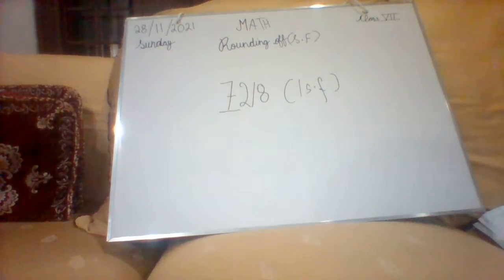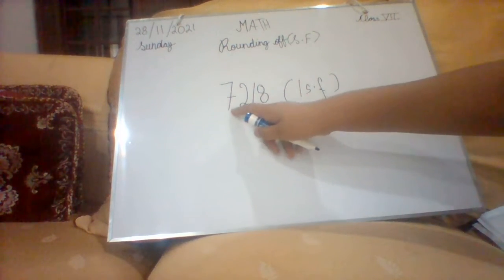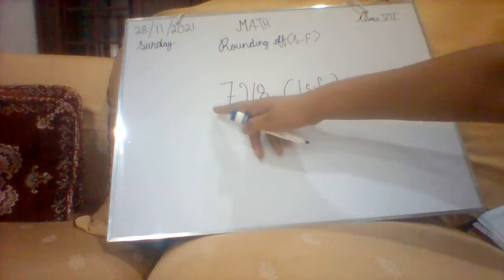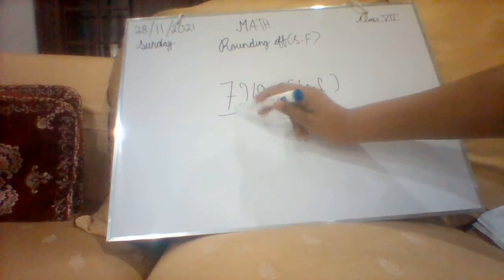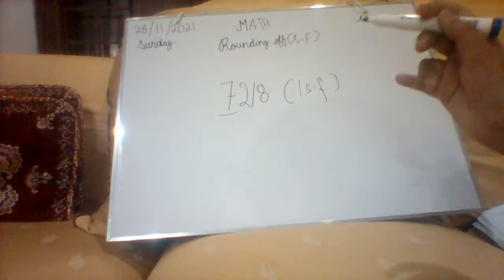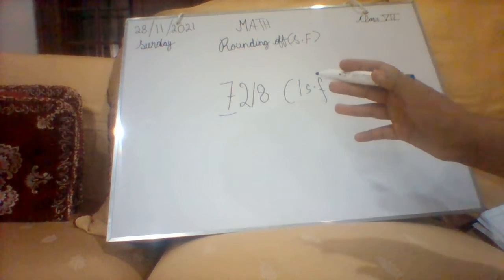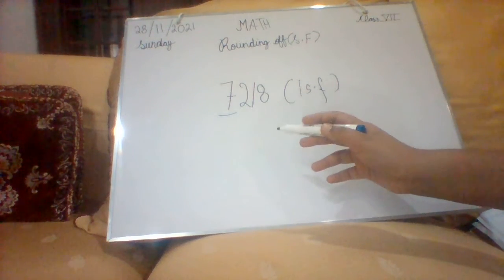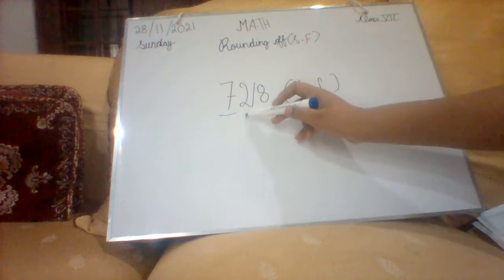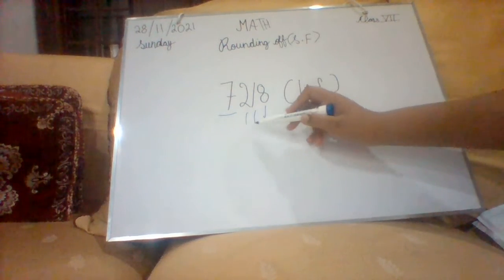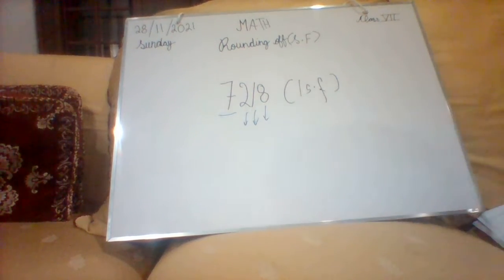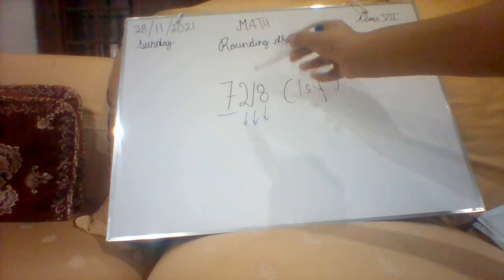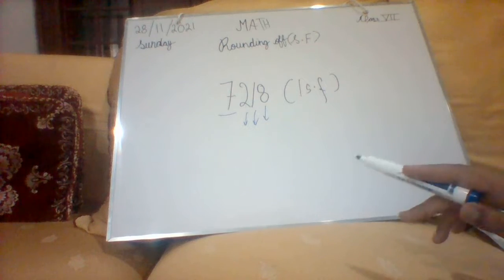Now we have to remove these 3 digits. The rule is: look at the digit after the one we are rounding to.